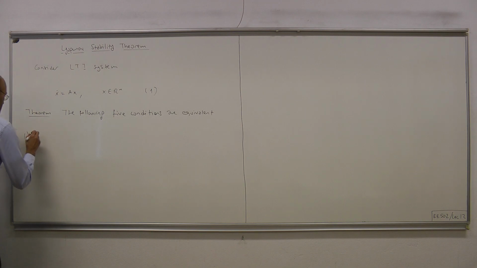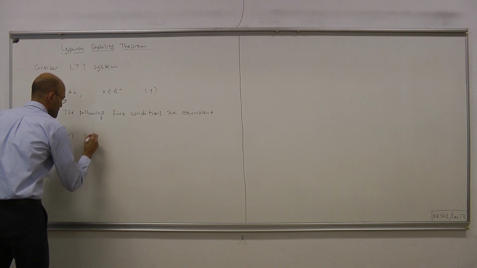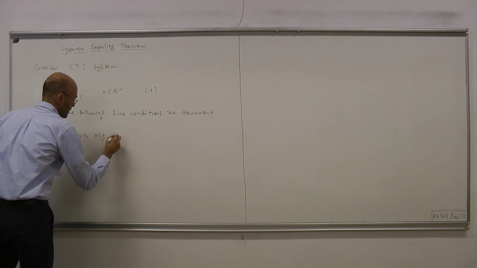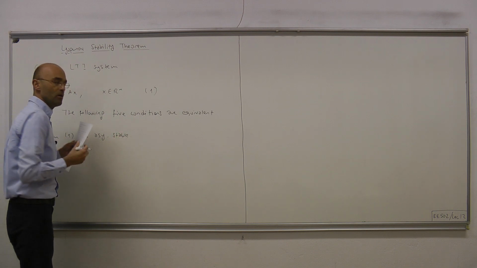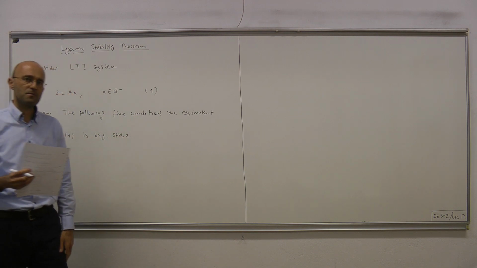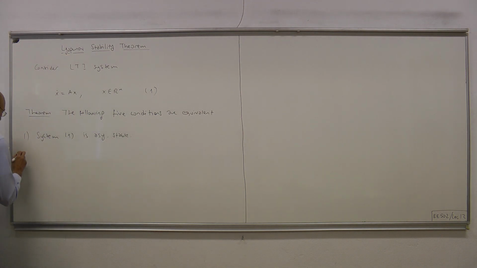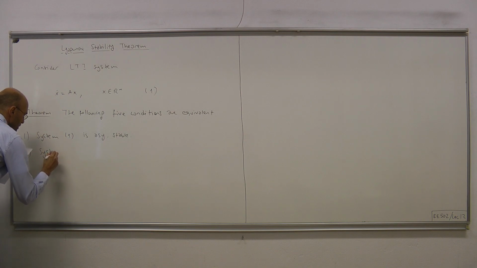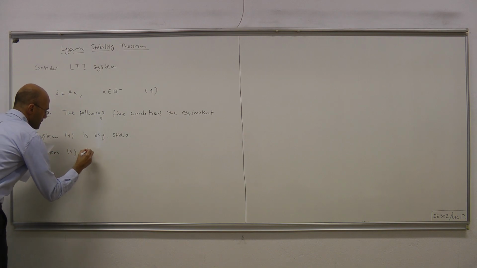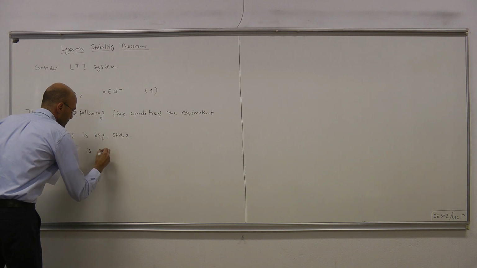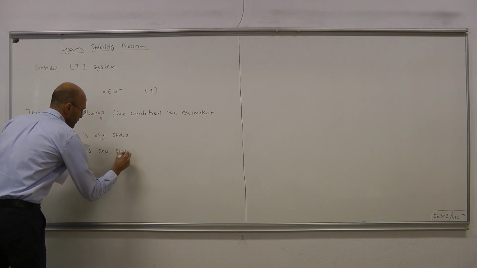First, the system x dot equals Ax is asymptotically stable. That is, all the solutions converge to the origin. Second, system 1 is exponentially stable.